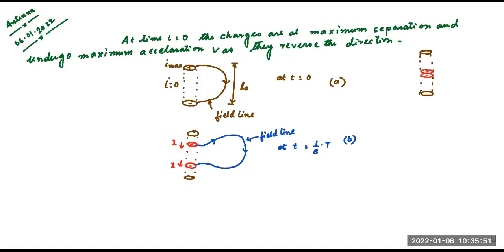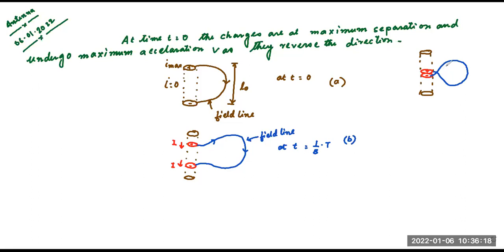So if I draw it, how will it be? How will the charge flow? This charge will be going downwards and this charge will be going upwards. So it will be like this, revolves, and then it will come here.